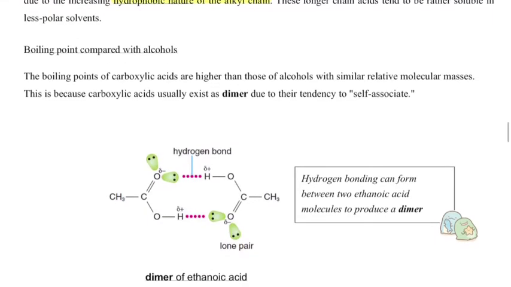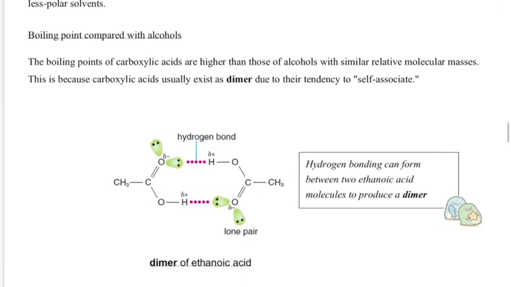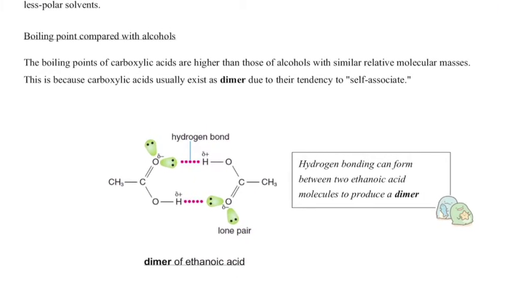This part is important because carboxylic acid can form something called a dimer, due to its tendency to self-associate. Remember the structure for carboxylic acid: it is 120 degrees here, so it is flat, and we also have 120 degrees here.